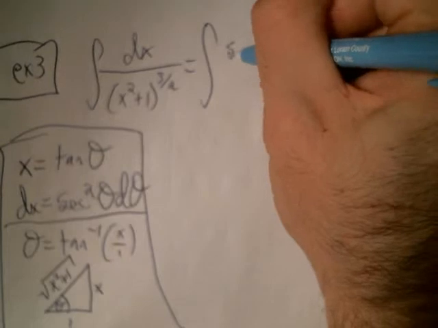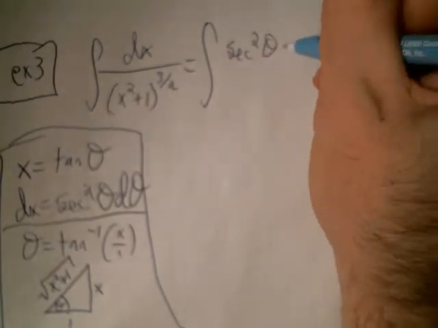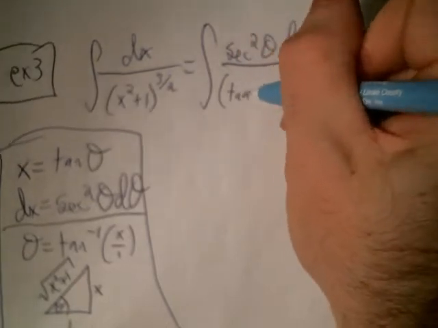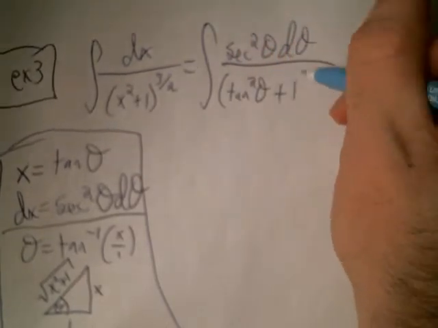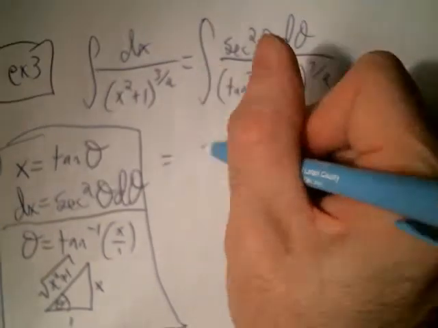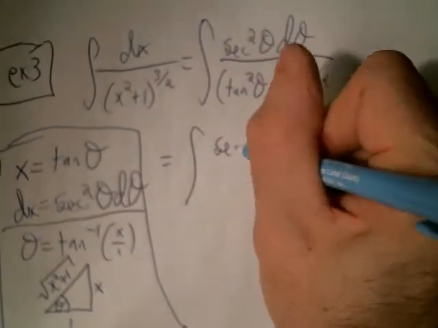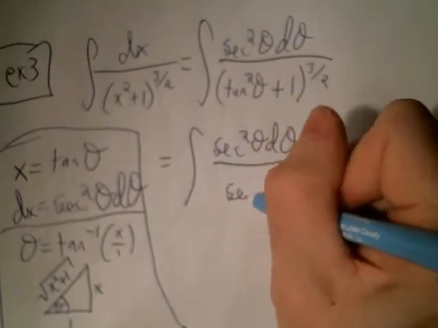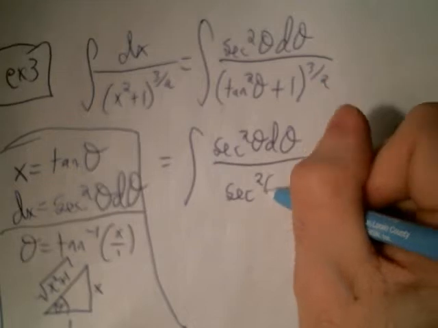Now I use the first 2 bits and plop it into here. So this will be the integral of secant squared theta d theta all over x squared, which is now tan squared theta plus 1, to the 3/2. It'll be secant squared theta d theta all over secant squared theta.